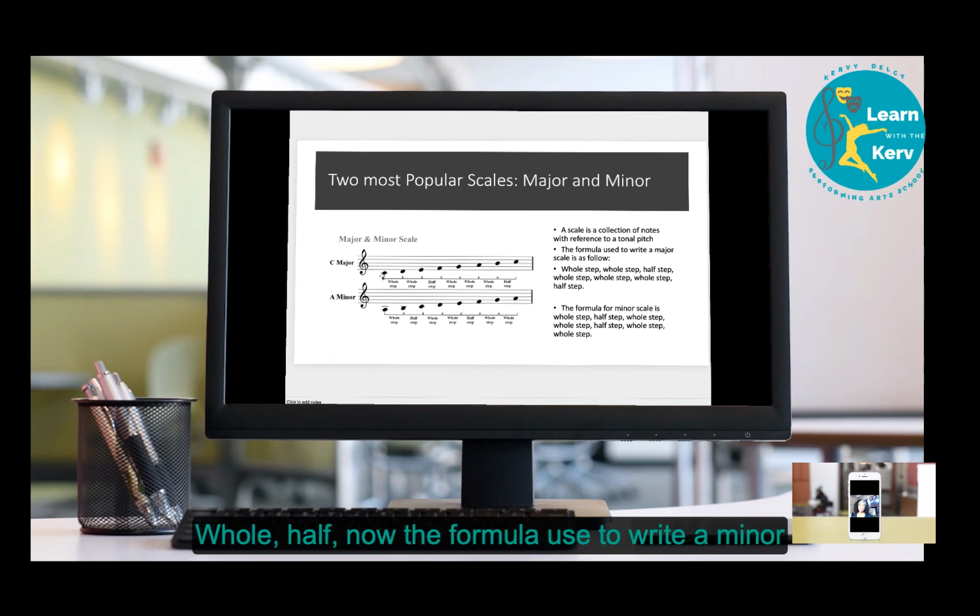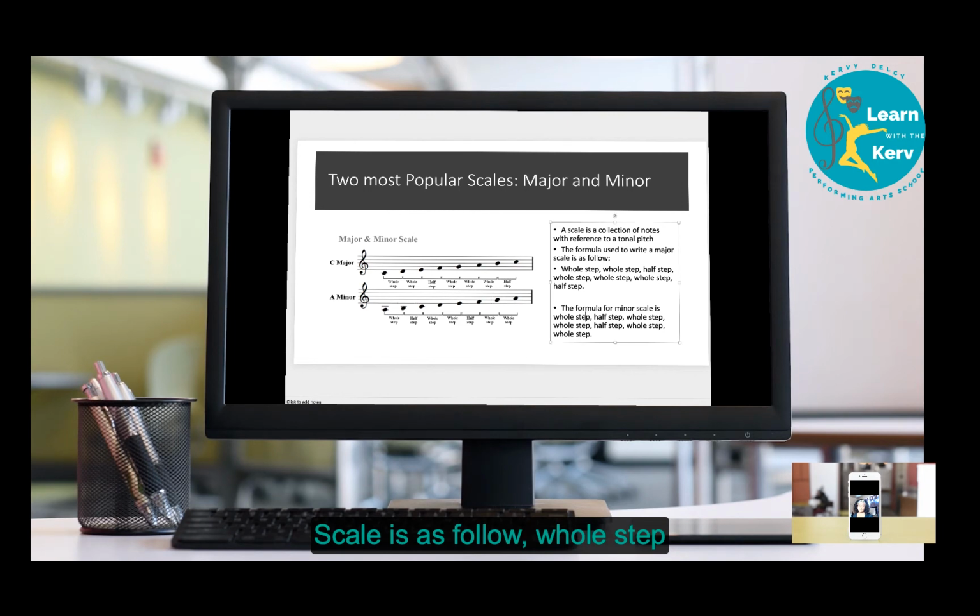Now the formula used to write a minor scale is as follows: whole step, half step, whole step, whole step, half step, whole step, whole step. For example, if I'm writing an A scale, from A to B is going to be a whole step.